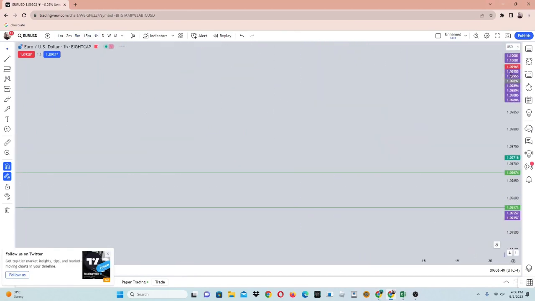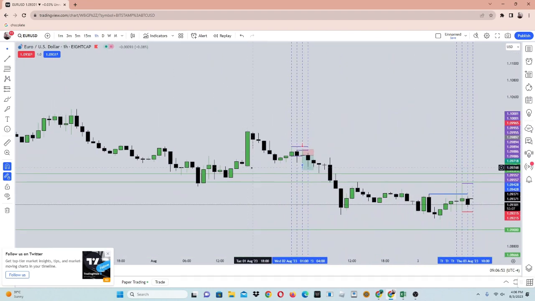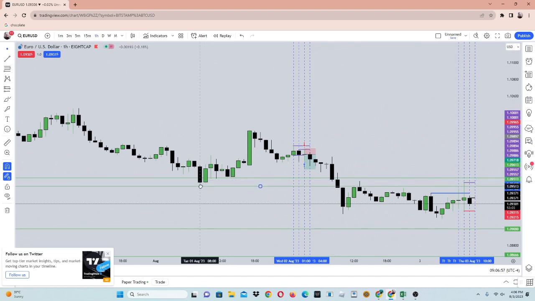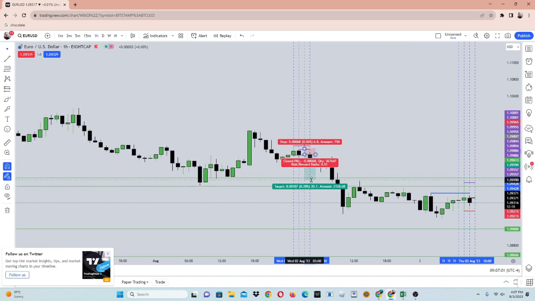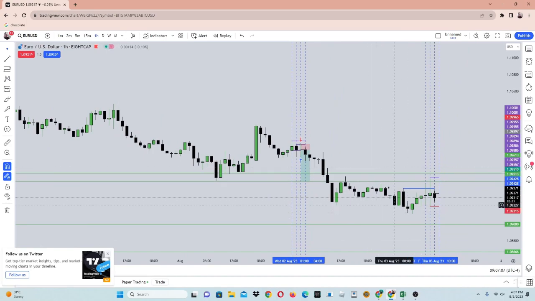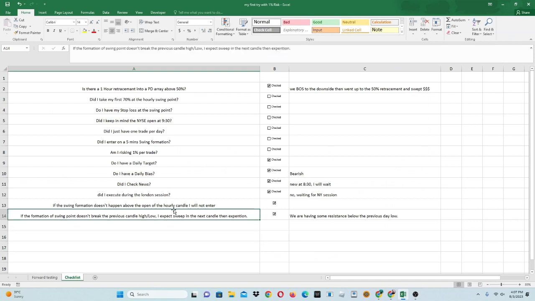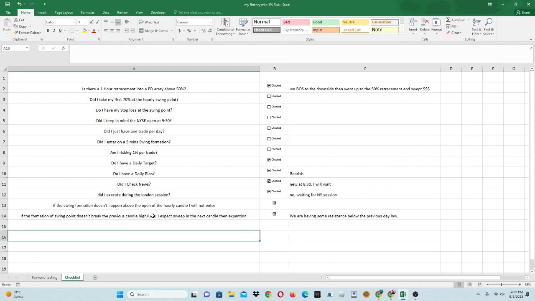So going into the hourly right here, these would have been my targets, and as you can see, it would have been a good decent risk to reward ratio if I had everything in my rules. But I was updating my rules, and I had these two confluences that are very important for the swing formation.